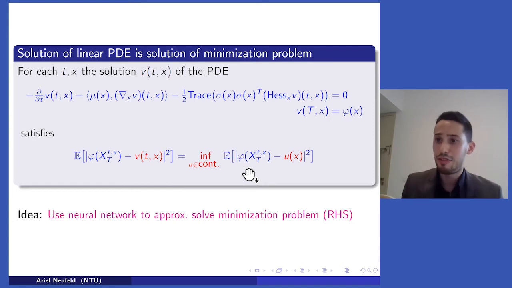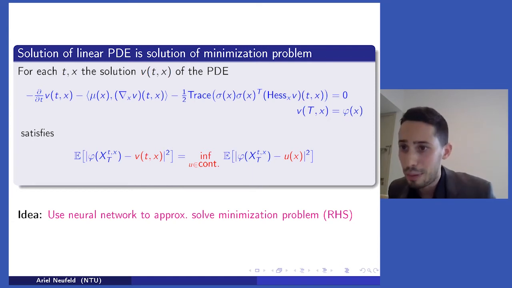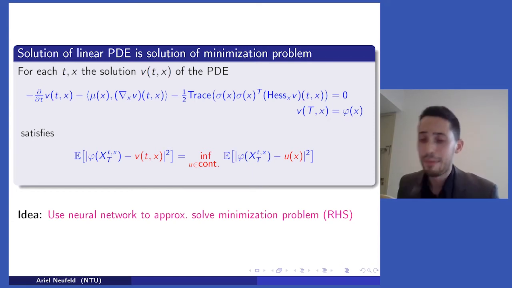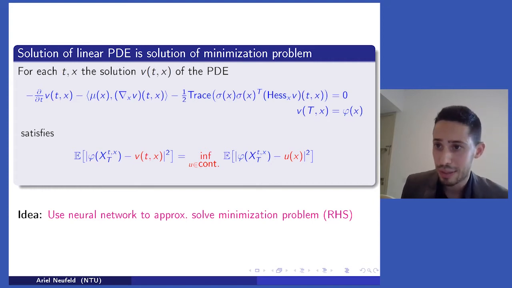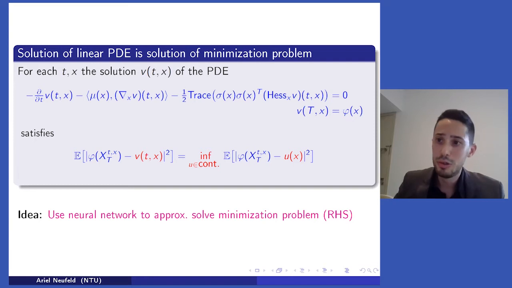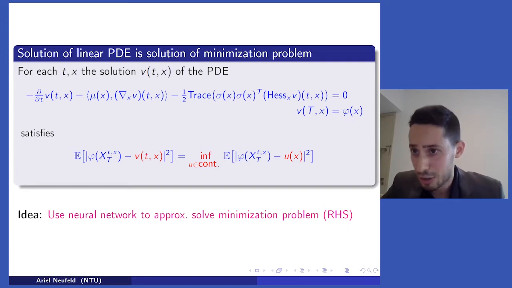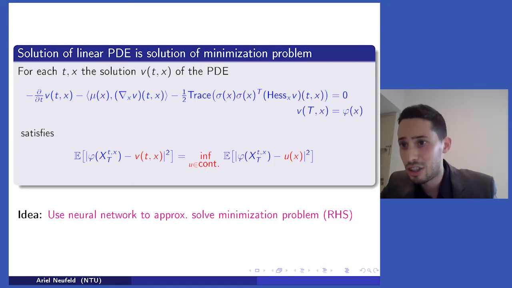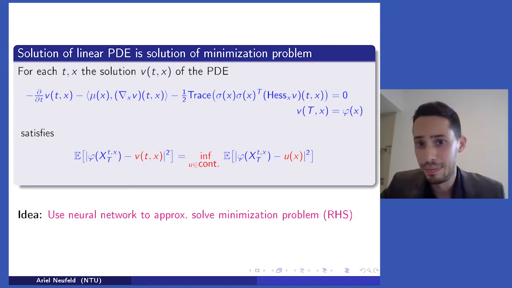So since we have an optimization problem whose solution is the solution of the PDE, we use neural networks to learn to solve this optimization problem, and then the neural network which does the job will approximately be the PDE solution.